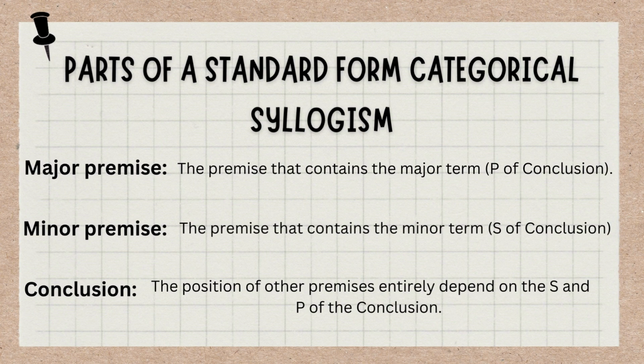The subject of the conclusion is the minor term, and the premise which contains the minor term is the minor premise. The position of the other premises entirely depends on the subject and predicate of the conclusion.